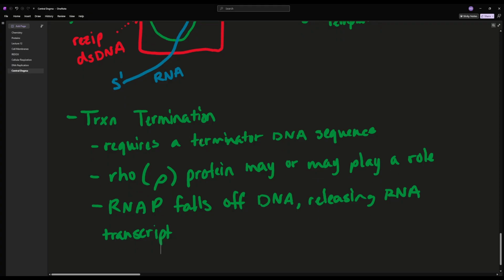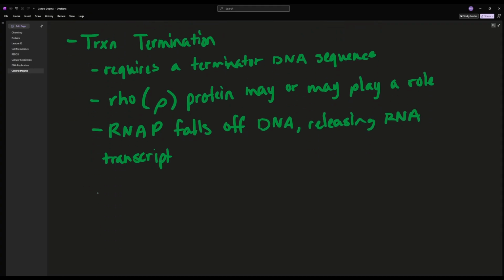At this point, both the RNA polymerase and this promoter can be recycled, meaning this RNA polymerase can go attach to another promoter in the genome, or another RNA polymerase can bind this promoter to start transcription again.